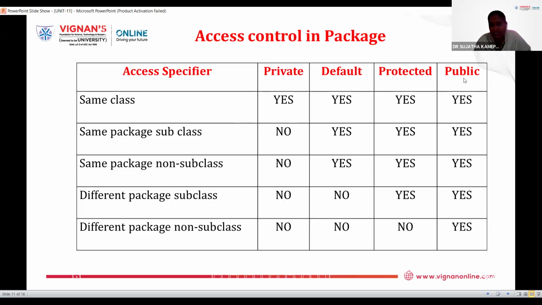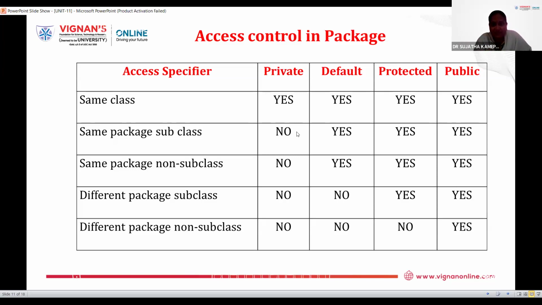Even if it is protected or public, it can be accessed in the same class, right? So whether it is private, default, protected or public, within the same class, whatever the access control that we are using there, we can access.